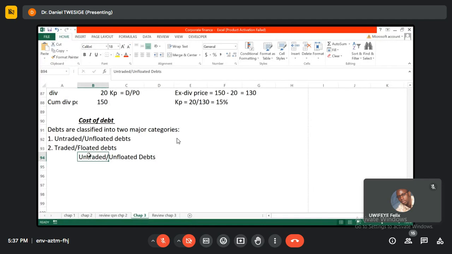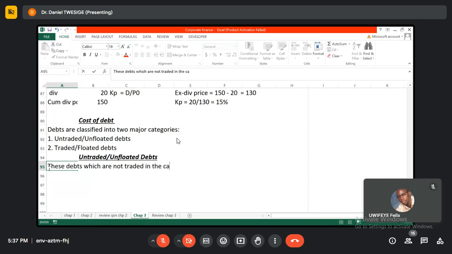These are debts which are not traded in the market, or in the capital market. They are what are called the untraded or unfloated debts. So these are debts which are not tradable or traded in the capital market.